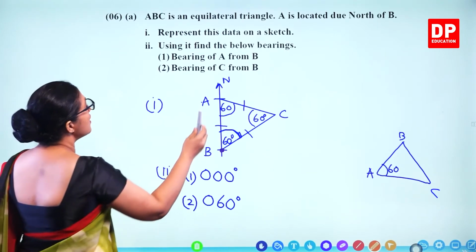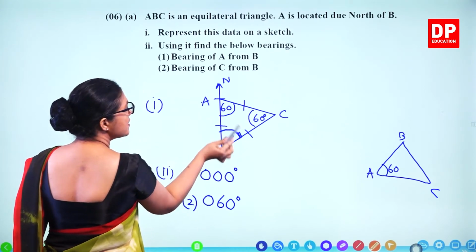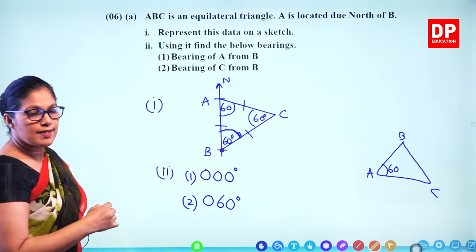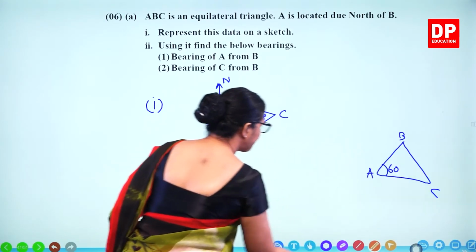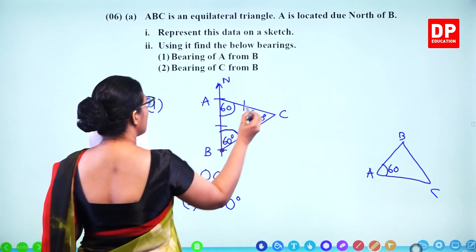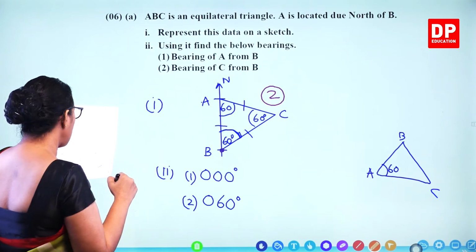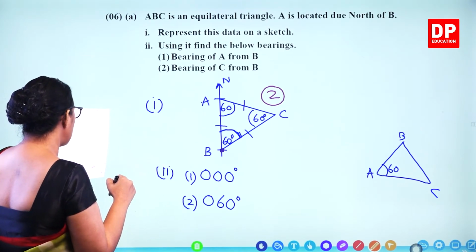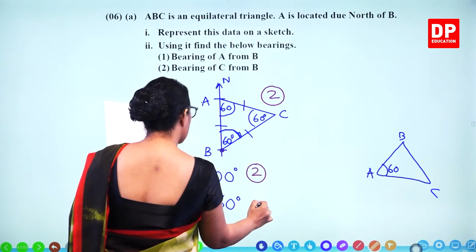Because it says bearing of C from B means this angle 60 degrees. So how many marks? 2 marks for this question, and 2 marks for this one and 2 marks for this one.